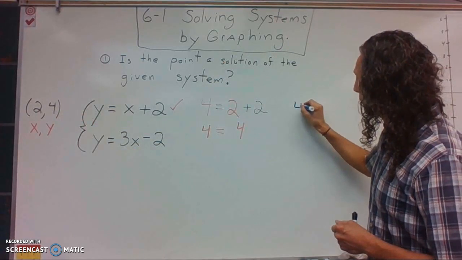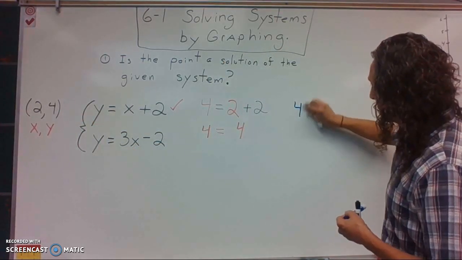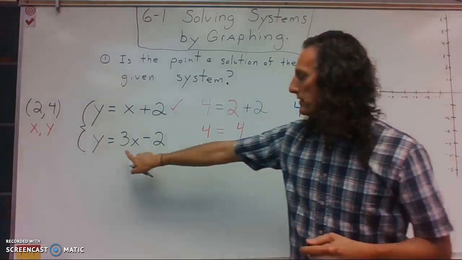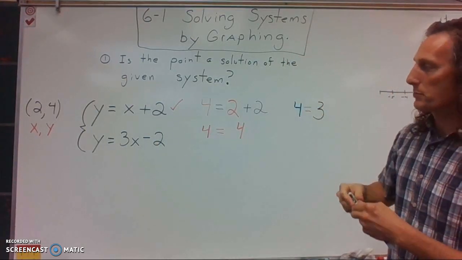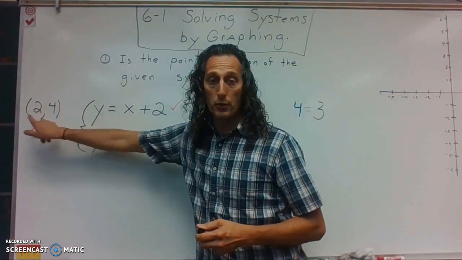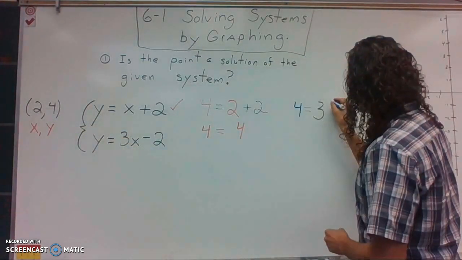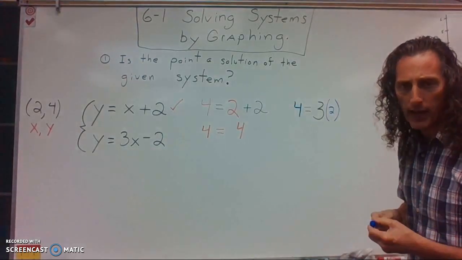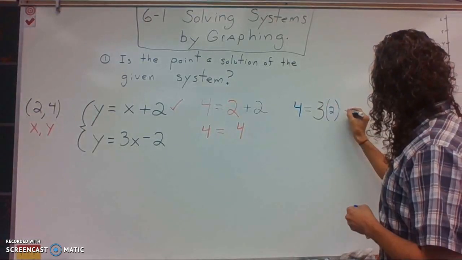So I'm going to go 4 equals, now this time it says 3, so there's my 3, and then what's my x? My x is still the 2. Remember, this means times. So I'm going to put the 2 right next to it and go times, and then it says minus 2.